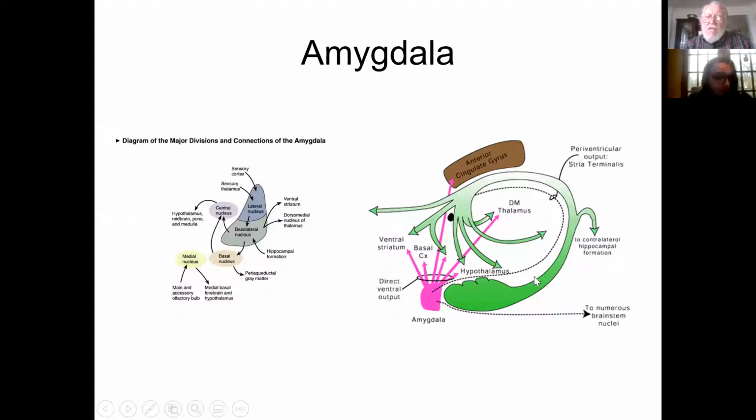It modulates the hypothalamus in two major areas. One is the lateral hypothalamus, and then it also modulates the ventromedial hypothalamus. So the amygdala plays all of these very interesting roles.